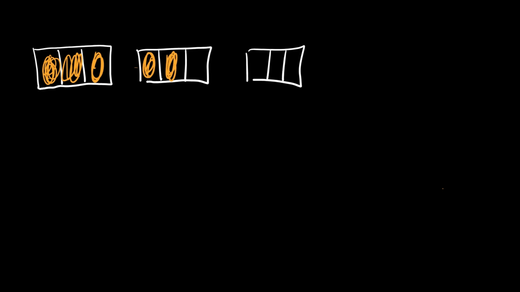Now, what about this one here? Can you figure what is the fraction for this one? Let's say I have chocolate bars, and they're cut into 3 equal pieces, and I'm very hungry and I decide to eat this one, this one, this one, this bar, this bar, this bar, and I also decide to eat this one.